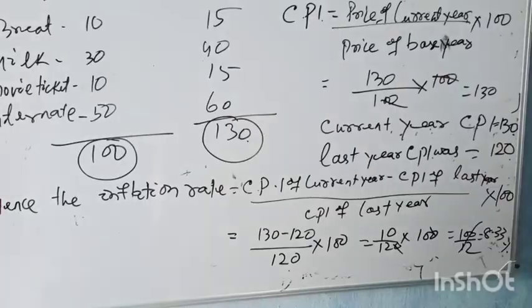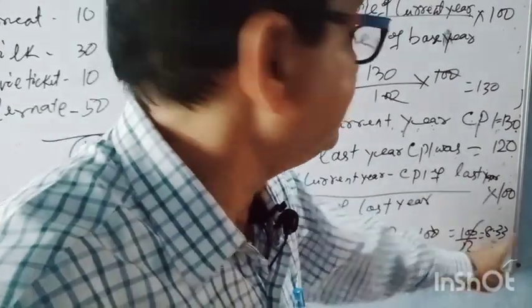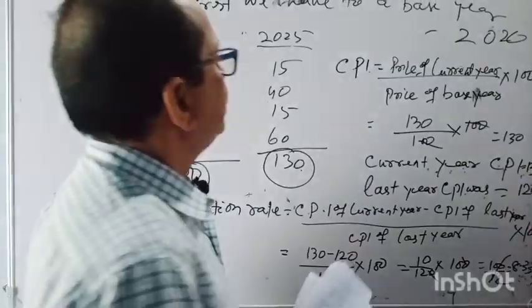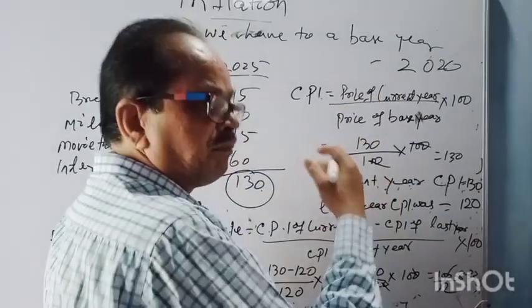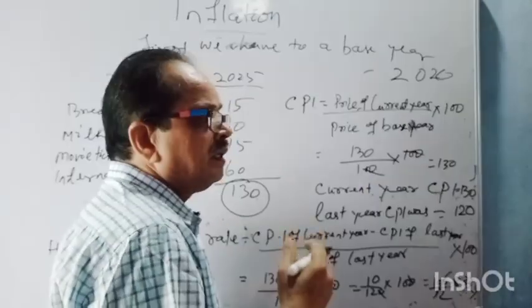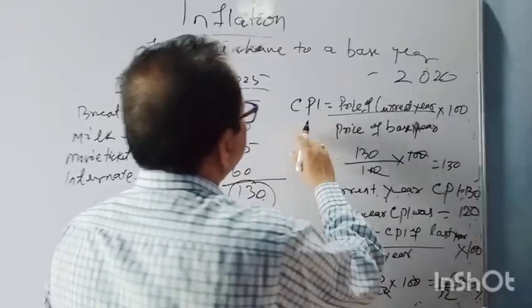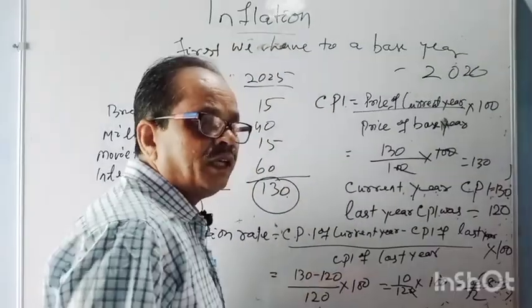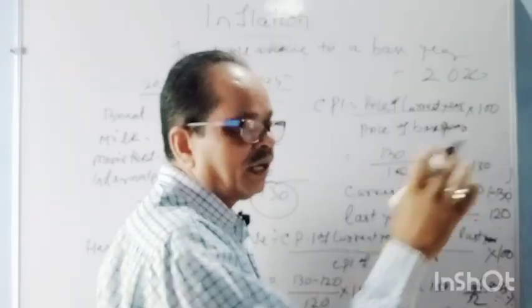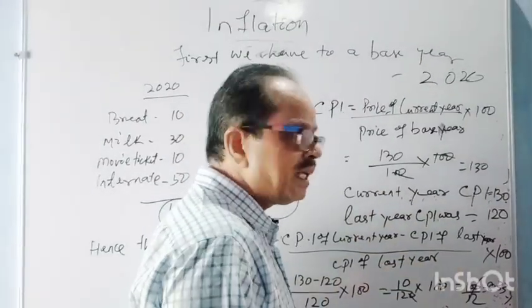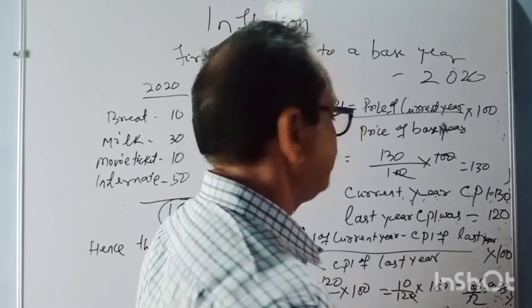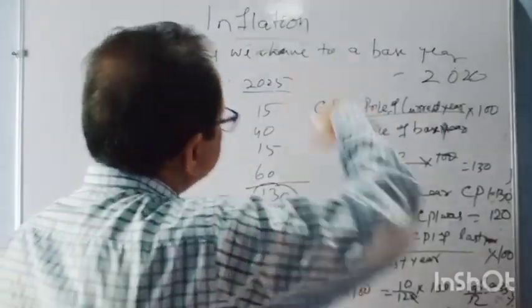Now the inflation rate is 8.33. Very simple calculation. This formula is applied when every country measures the inflation rate. First they find the CPI of the current year, then take into account the CPI of the last year, then estimate the inflation rate. This is the CPI method.